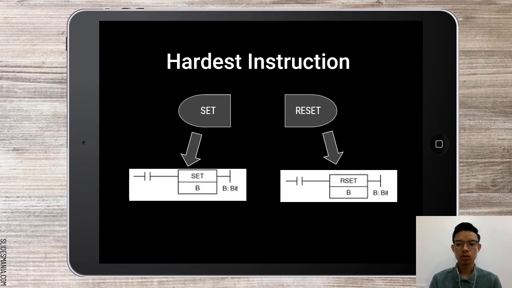Use set to turn on a bit that has been turned off with reset. There is a precaution when using set and reset instructions: set and reset cannot be used to set and reset timers and counters.